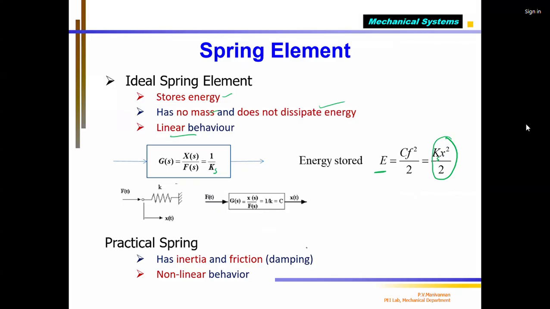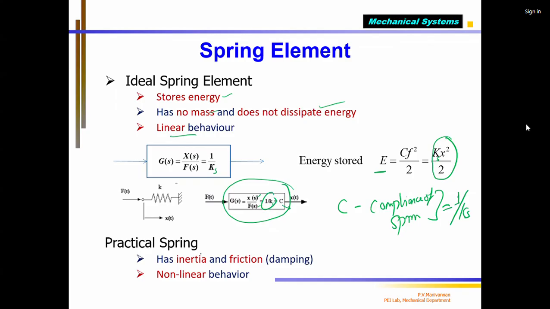This is how you represent the transfer function of a spring element: output divided by input. Output is displacement, input is force, so it is 1 divided by Ks, which can be written as C, where C is called the compliance of the spring, equal to 1 divided by stiffness Ks.